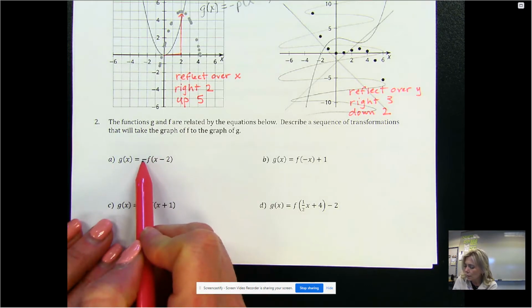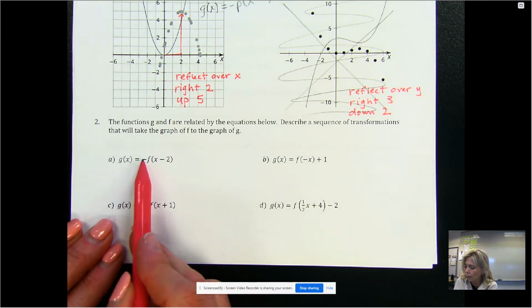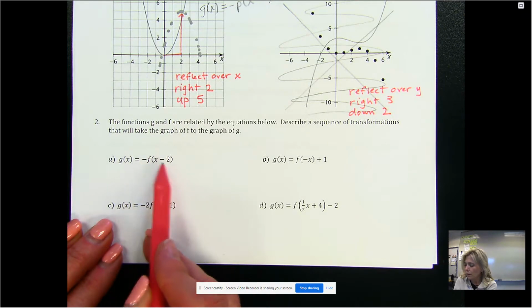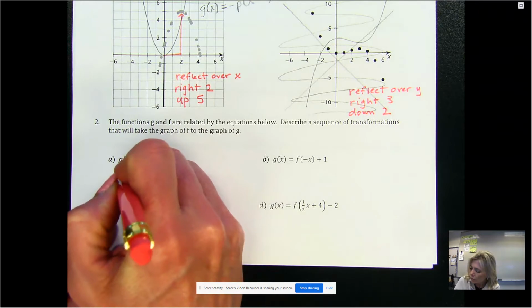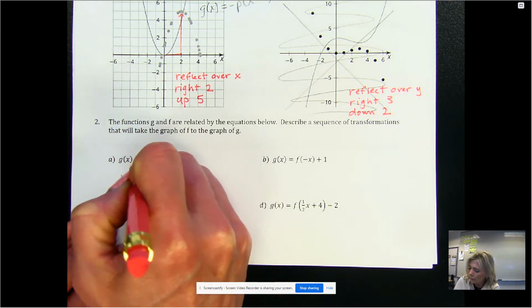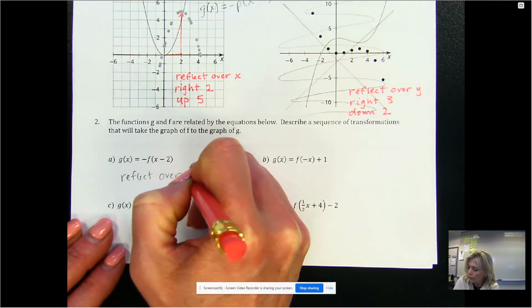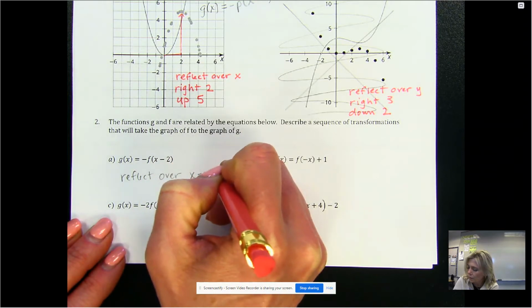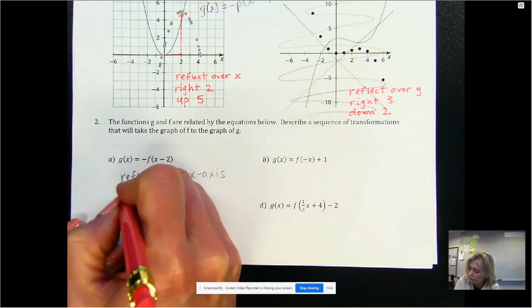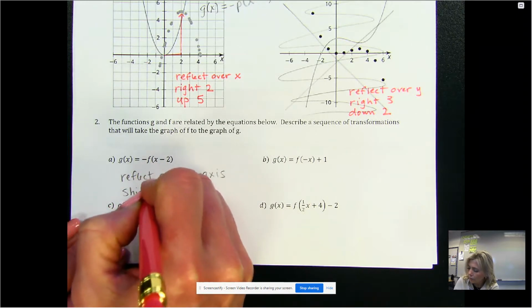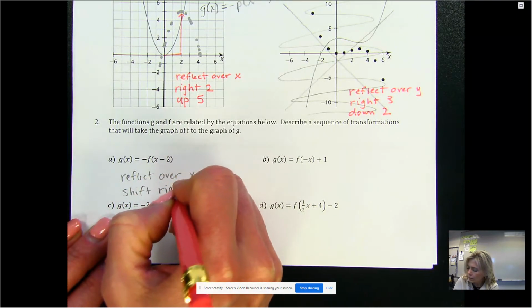So I know this piece is reflecting over the x-axis, and then this is to the right 2. So reflect over the x-axis, and then shift right 2.